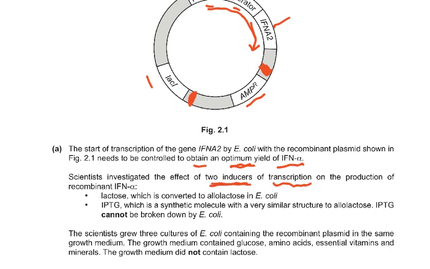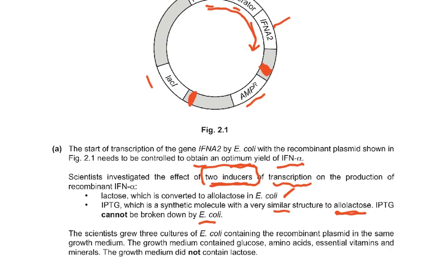Lactose, which is converted to allolactose in E. coli, and IPTG, which is a synthetic molecule with a very similar structure to allolactose. IPTG cannot be broken down by E. coli.